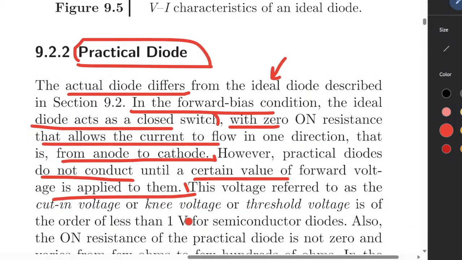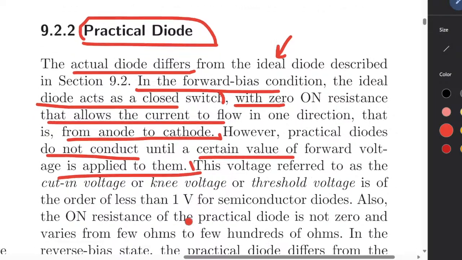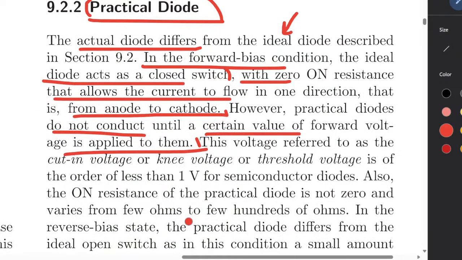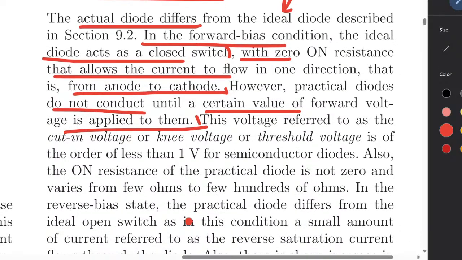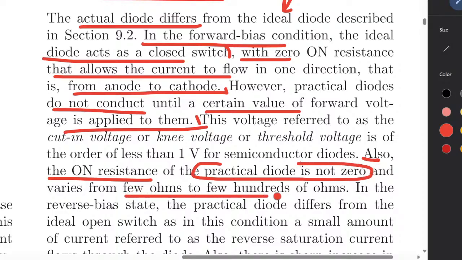This voltage is referred to as the cutoff voltage, knee voltage or threshold voltage, and it is of the order of less than one volt for the semiconductor. Also, the on resistance of the practical diode is not zero and varies from a few ohms to a few hundred ohms.